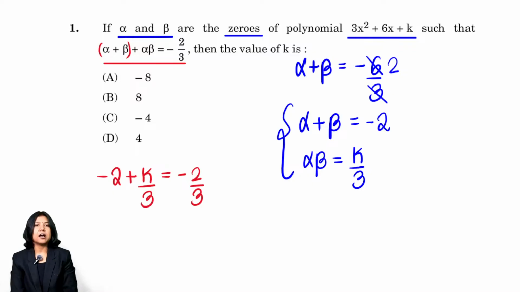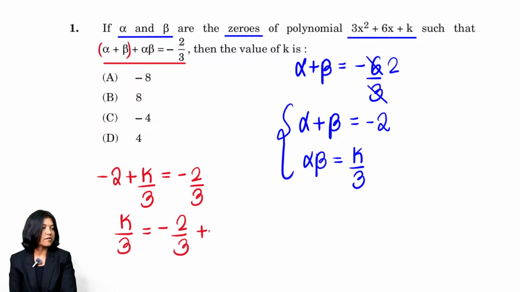Okay, how will you solve it? You can bring this -2 to the other side like you do for any linear equation in one variable. This equation is now in terms of k, so you have to find k. It's actually simple, -2/3 plus 2. Because -2 comes to the other side, it becomes the opposite. So from here I can simplify. K upon 3 should be equal to, obviously, 2 minus 2/3.